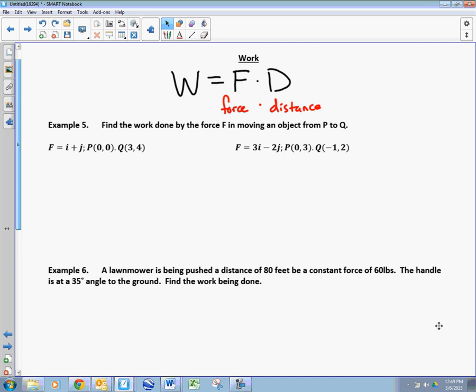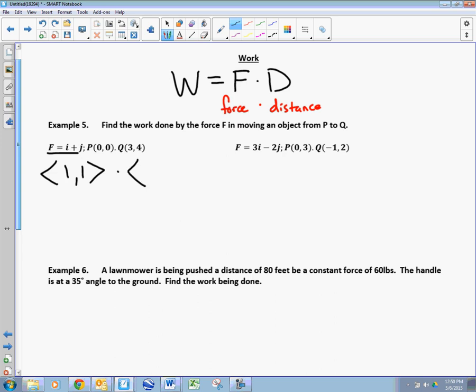Suppose we want to find the work done by a force F. So the force is right here, and we're moving the object from P to Q. So we have to write a vector for the force. Anybody know what the vector for the force is? 1, 1. Because force is i plus j, and so that vector is 1, 1. Got it?